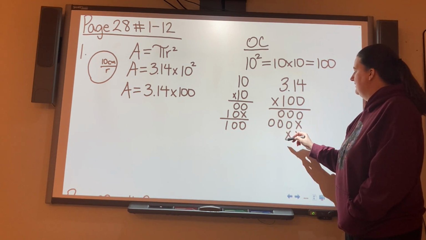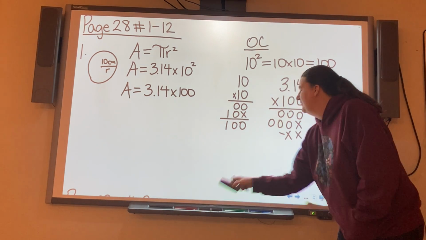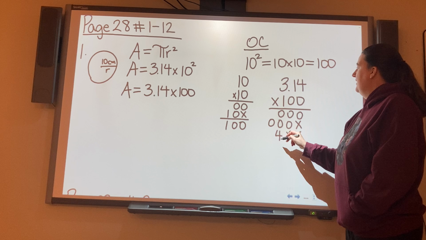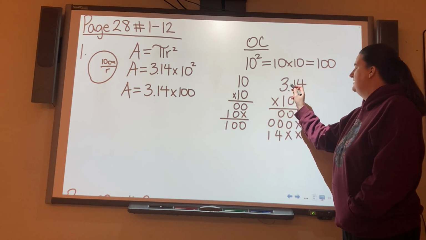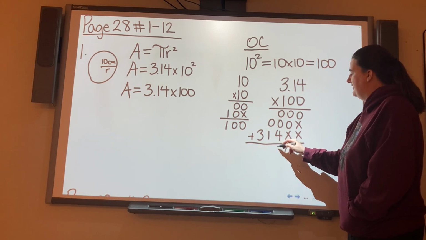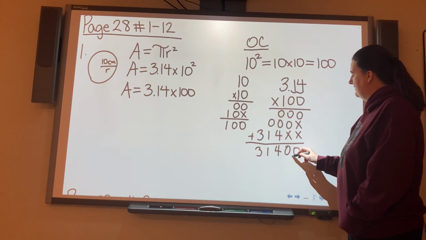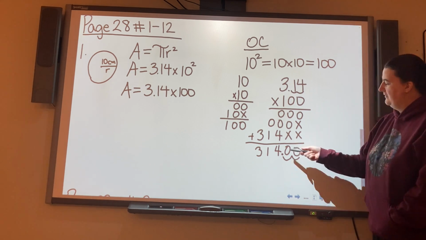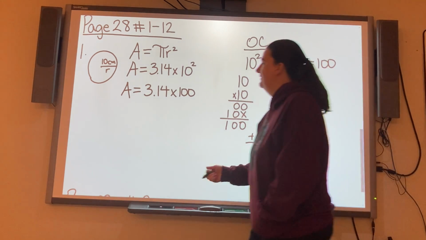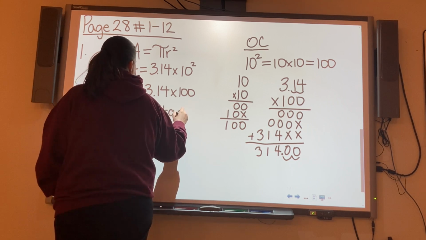Put 2 x's. Move to the 1. Now this one's going to have actual numbers. 1 times 4 is 4. 1 times 1 is 1. 1 times 3 is 3. Add up your answer lines. 0, 0, 4, 1, 3. Decimal, decimal, decimal, decimal. So, if I only have zeros after the decimal, I don't really need to keep that decimal. I can just use 314. Area equals 314 centimeters squared.